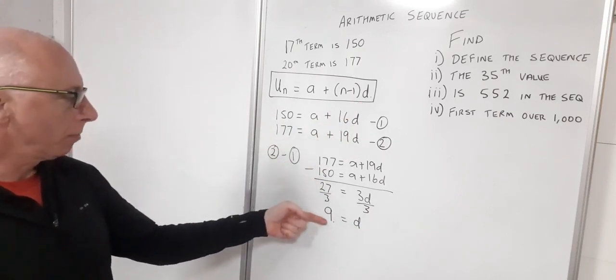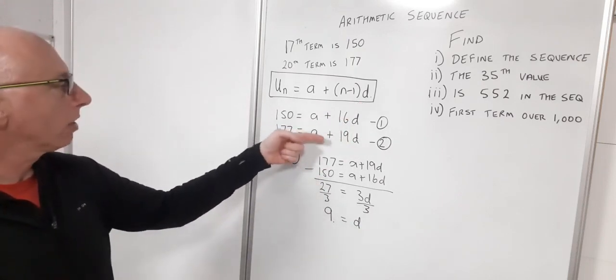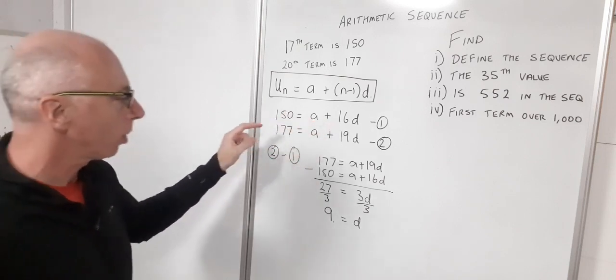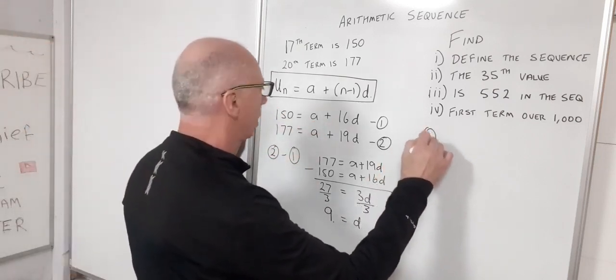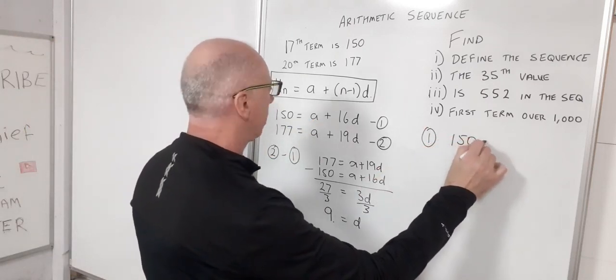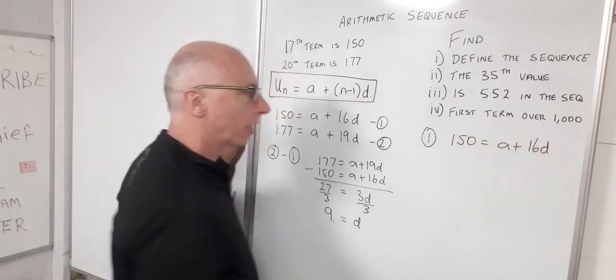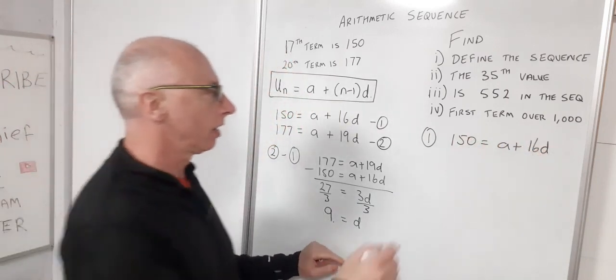So what I can do is, my difference is 9, so I can plug that into one of these two equations and then get A. Let's use equation 1. So let's write it out again: A plus 16D, and D is 9.